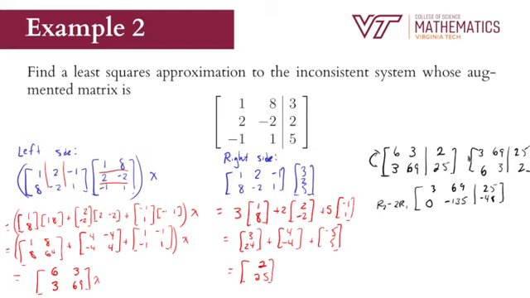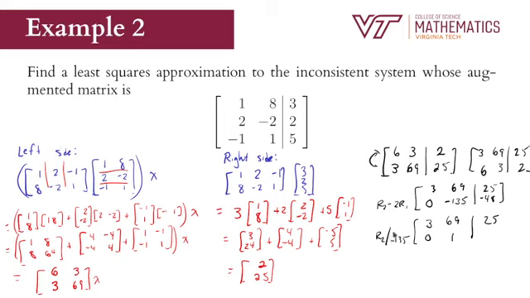Let me just check that. Okay. So when we divide this through, we get row 2 divided by -135, which is 0, 1.